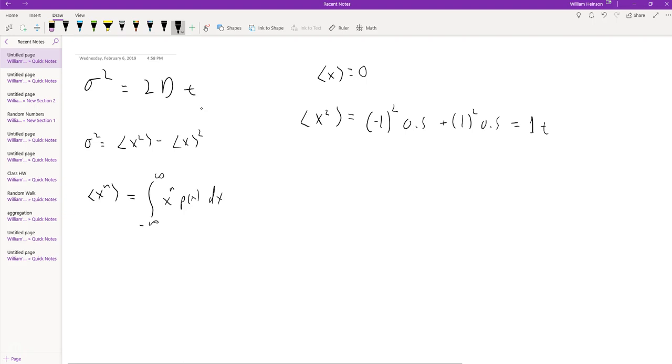Each individual roll is a separate thing, so to track this with time, you just multiply by t. Then you can say that equals 2Dt. The t's cancel out, so obviously D is a half. Most people got this. This is easy stuff. Let's look at the other one.